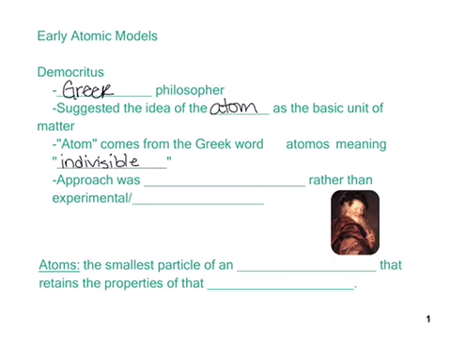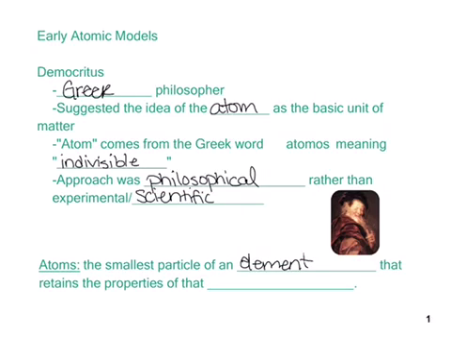His approach to the atom was very philosophical, rather than experimental and scientific. So an atom is the smallest particle of an element that retains the property of that element.